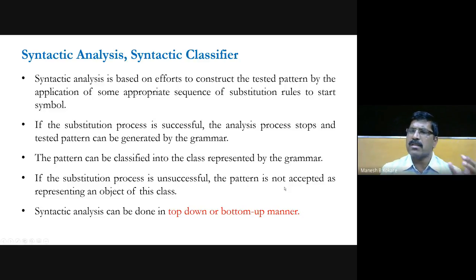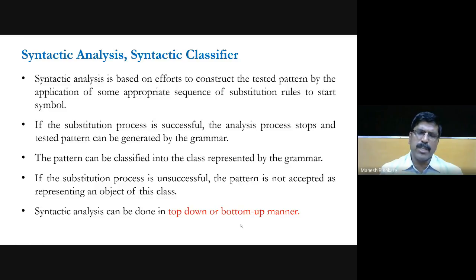The pattern is not accepted as representing an object of this class. Then you have to apply the second grammar, and so on. Syntactic analysis can be done in a top-down manner or in a bottom-up approach.